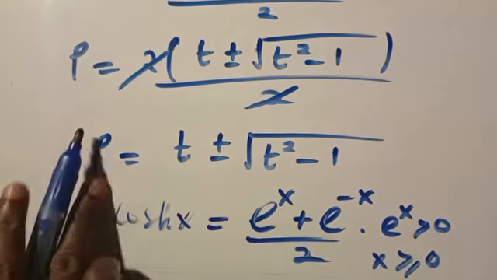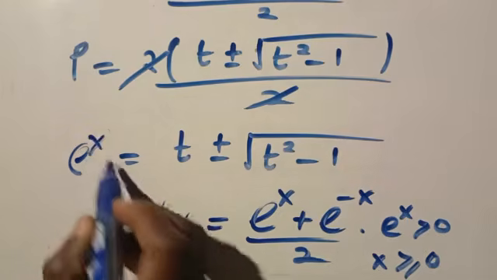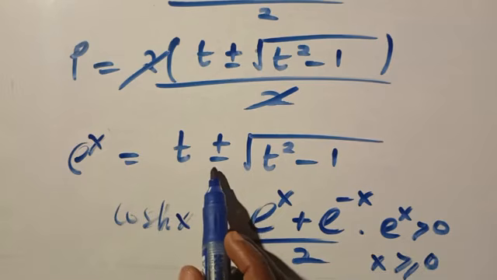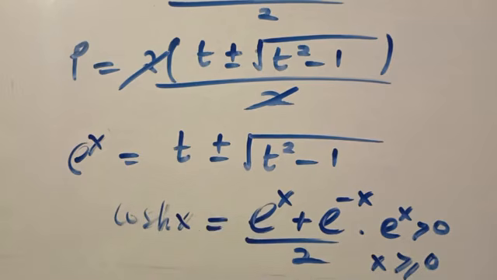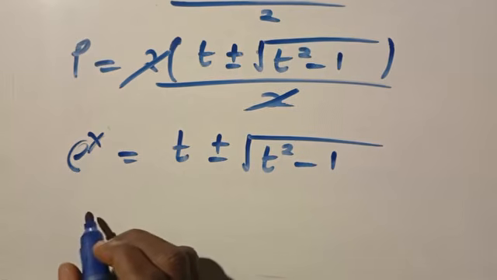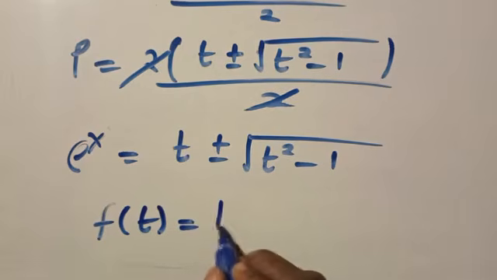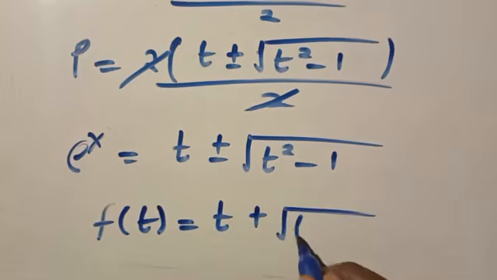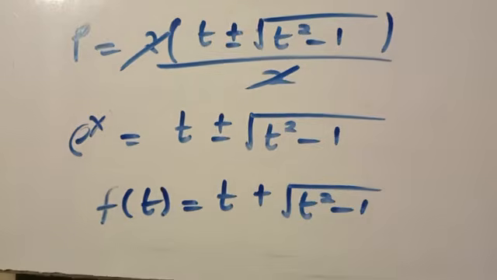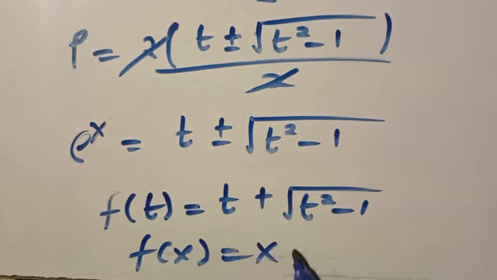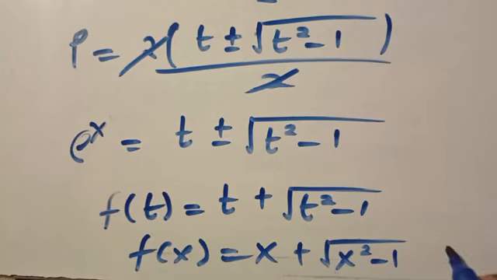So by replacing p with e power x, which is always greater than 0, we neglect the negative and go with the positive only. Therefore f of t equals t plus the square root of t squared minus 1, and by changing t to x, we have f of x equals x plus the square root of x squared minus 1, where x is greater than or equal to 1.